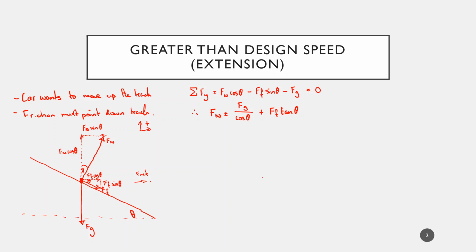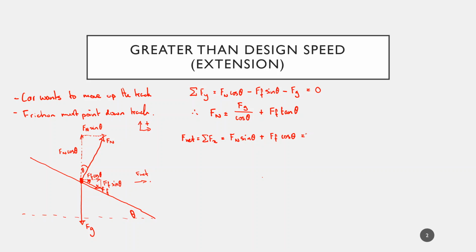What good is that? Well, now we're ready to actually write an equation for the net force. And again, because the net force is completely horizontal, that means the net force is just equal to the sum of the horizontal forces. So let's add up all the horizontal forces. We've got the horizontal component of normal, Fn sine theta, plus the horizontal component of friction, which is Ff cos theta.